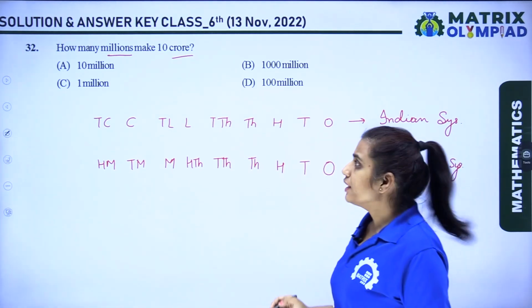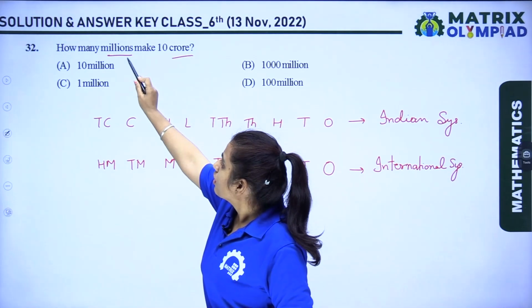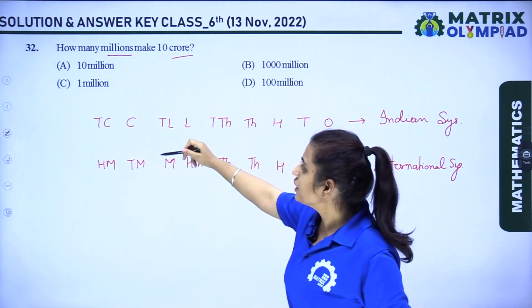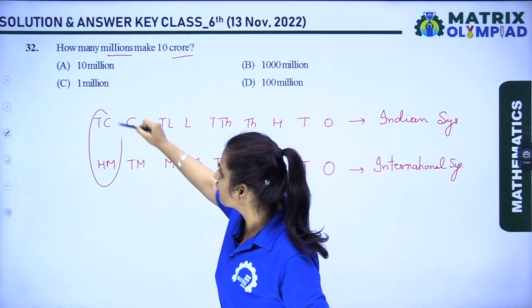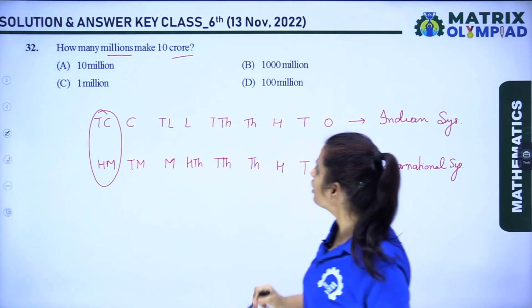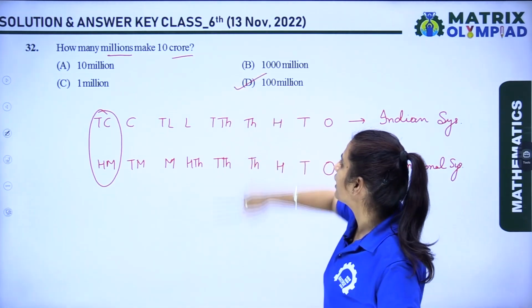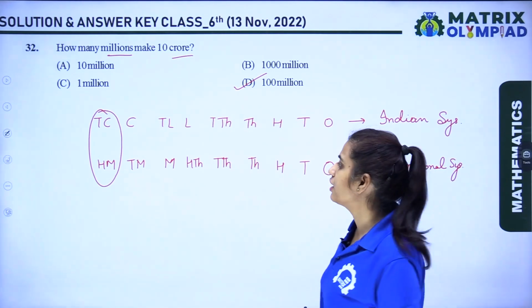So here we can see that how many millions make 10 crore, means 10 crore is equal to 100 million. So here according to the options we can say that option D is the correct answer.